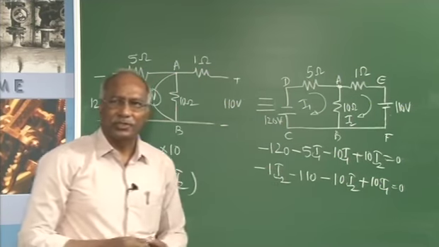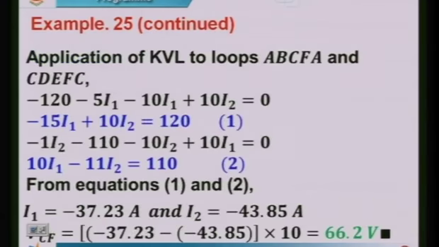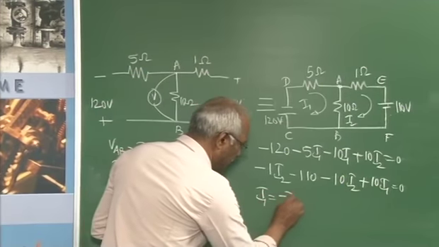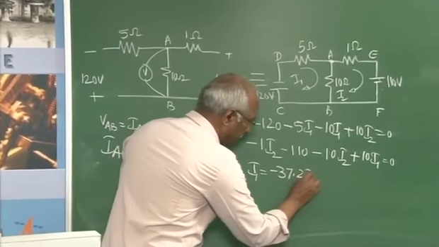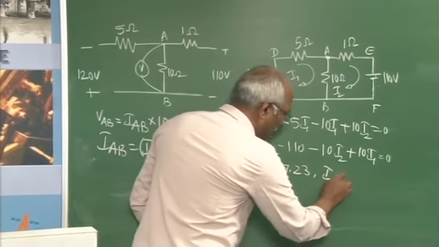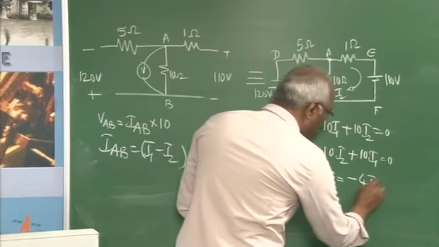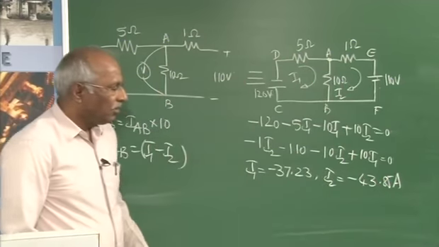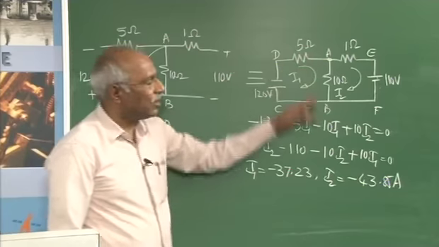Solve these two equations, in which case what you get is I1 will be minus 37.23 ampere and I2 is equal to minus 43.85 amperes. Once I get this, what will be the value of current through AB?